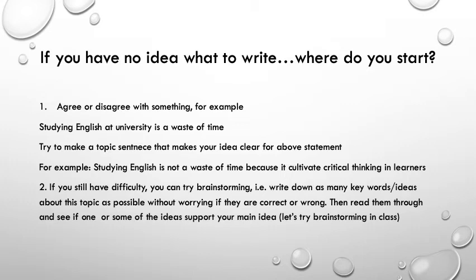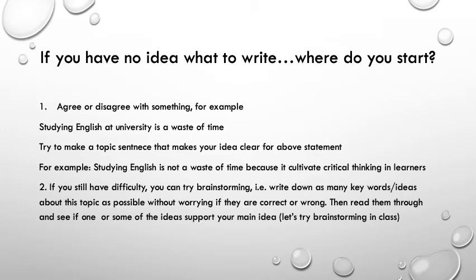The second option when you have no idea what to write is to make a brainstorm map. Brainstorming basically means to write down as many words or key ideas about a topic without worrying if it's correct or wrong.